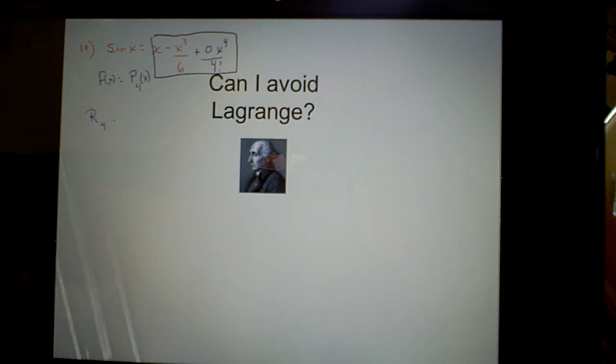I will use my center is 0, so I'm just going to have x.